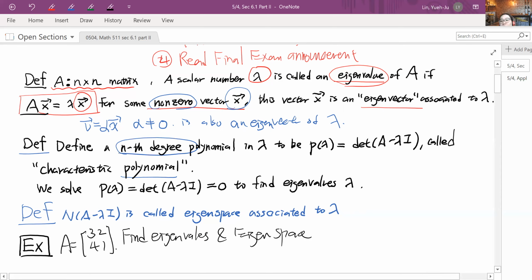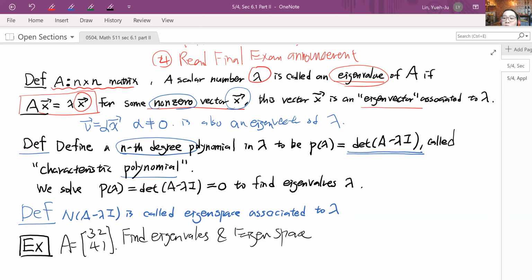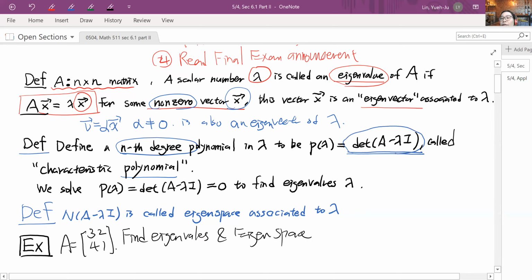So this is what I put here: it's an nth degree polynomial, and the polynomial we're solving is a polynomial in terms of lambda, meaning you might have something like lambda cubed plus 2 lambda plus 1 equals 0 to solve. So you want to solve the determinant of A minus lambda I equals 0. Because if this is 0, then this matrix is singular, and then you're going to be able to find a non-trivial vector in the null space of this new matrix.